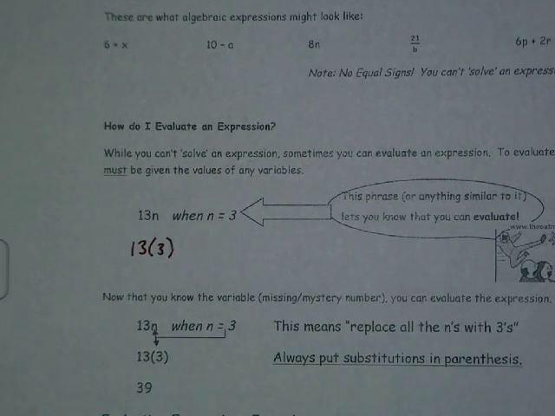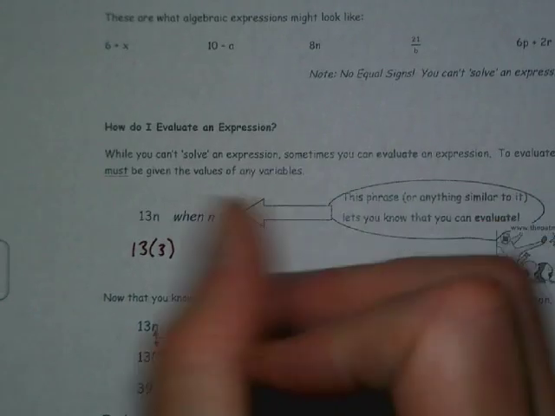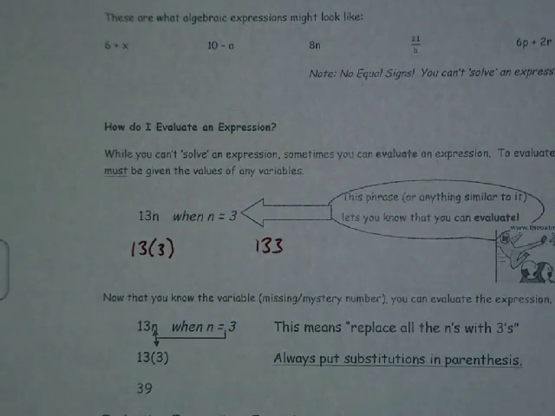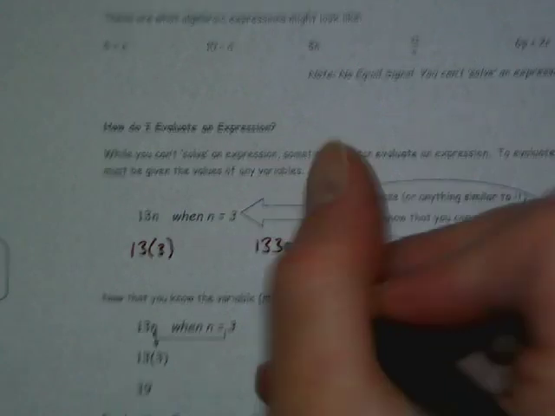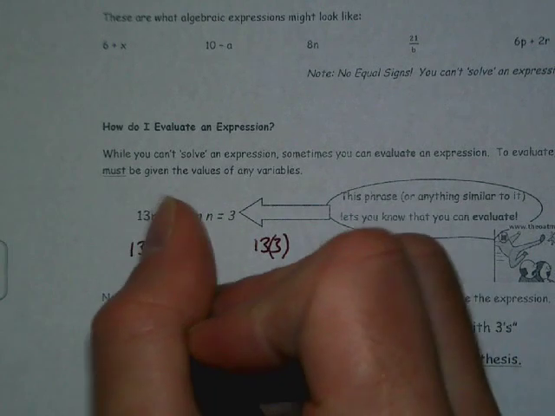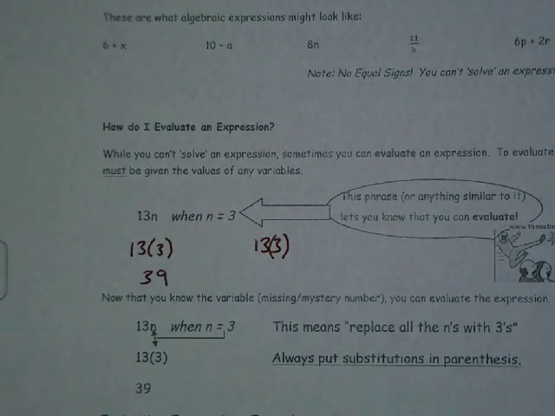Now it's a good habit to get into when you plug it in, put it in parentheses. Because this does happen. I've seen people do this. They go plug in a 3 there and they write 133 and say, oh, that's my answer, 133. It's multiplying. But if you put it in parentheses, you won't make that mistake. So then we multiply 13 times 3, and we end up with 39. So that is all evaluating is.